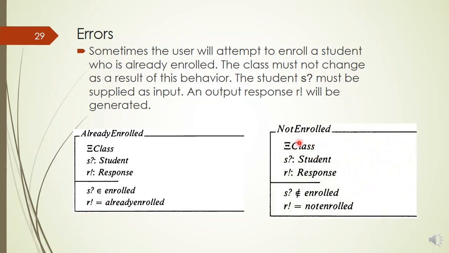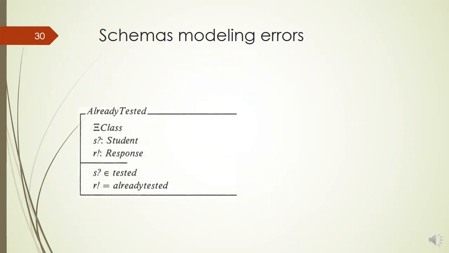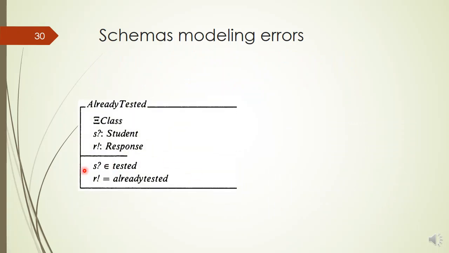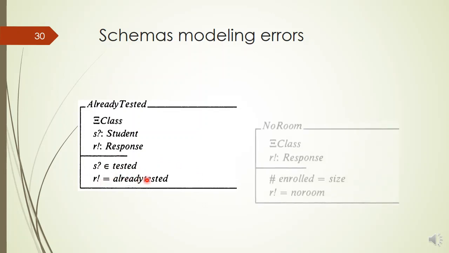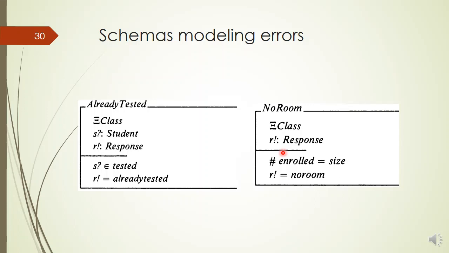Similarly, when the student is not enrolled, this operation can be specified in a different schema, and the response would be not enrolled. And if the student is already tested, then the response would be already tested. And if the number of enrolled students is equal to the size of the class, then the response would be no room.